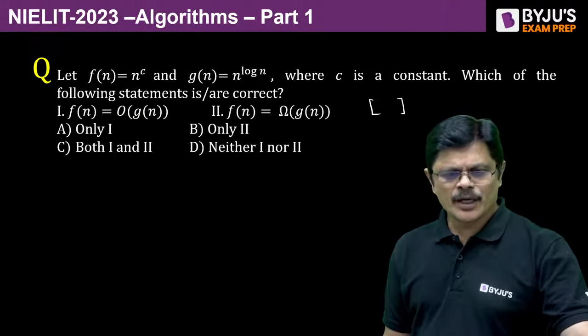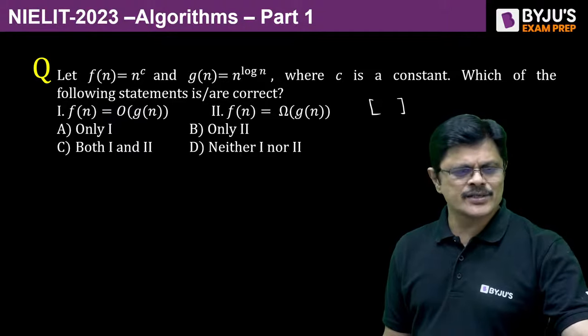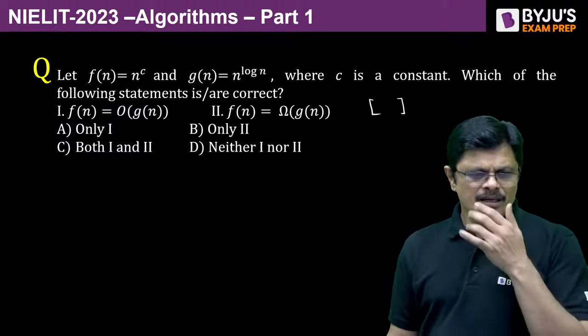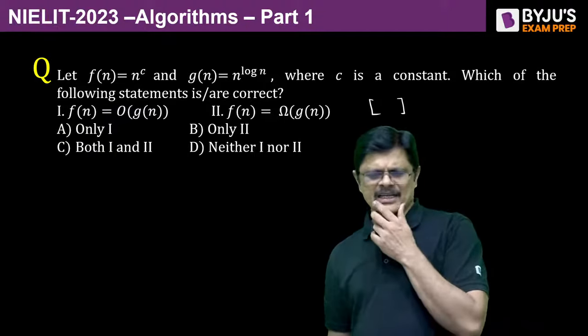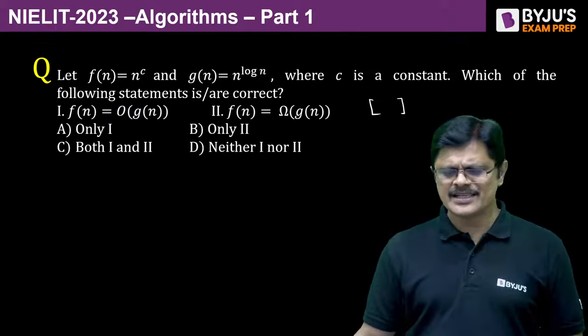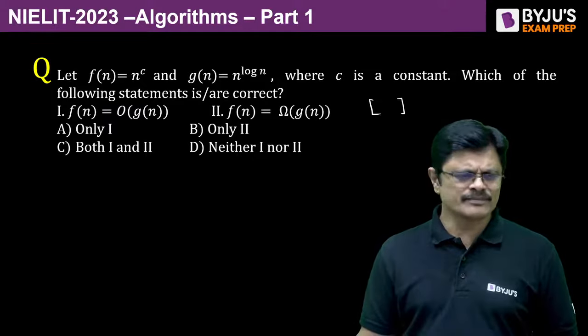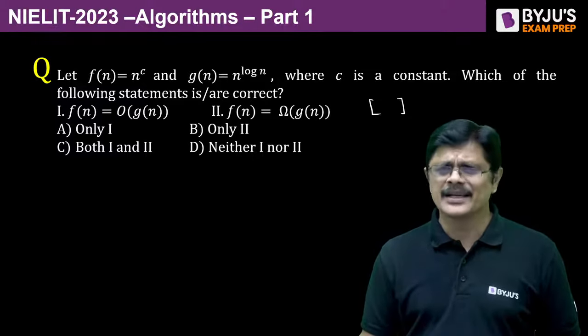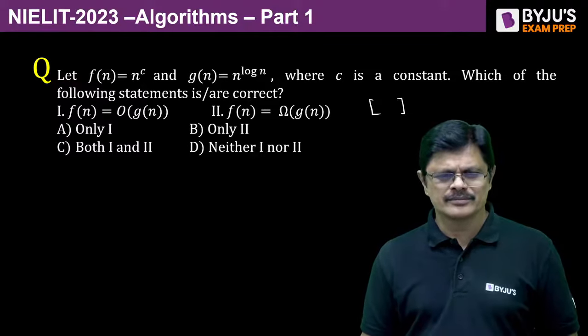Okay, Anuja says B, Sanjay also says B. Only the second one is correct. F(n) is larger than G(n). How come? How?